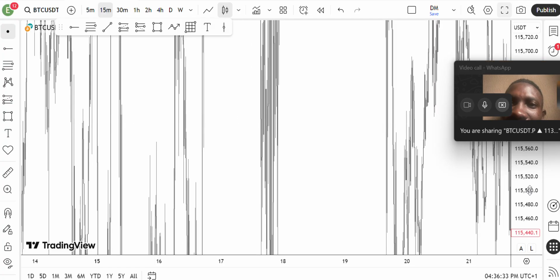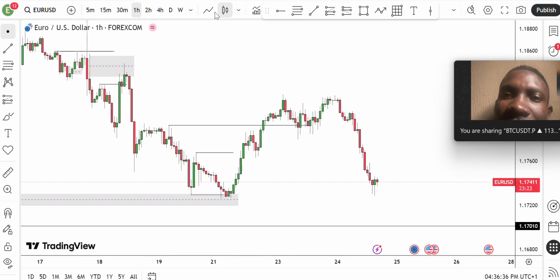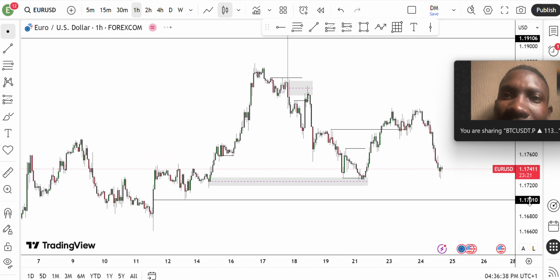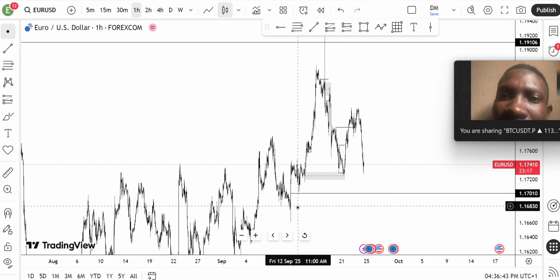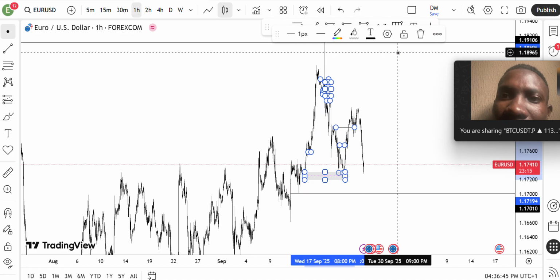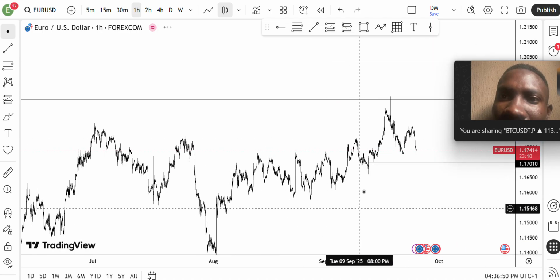Forex pairs are not so volatile as US 30 and Nasdaq. Dow Jones and Nasdaq, they are very volatile pairs. You can still be safe while trading Euro USD and GBP USD.